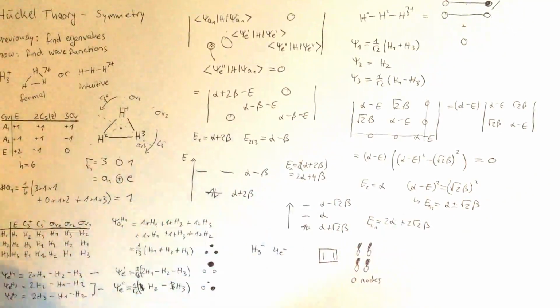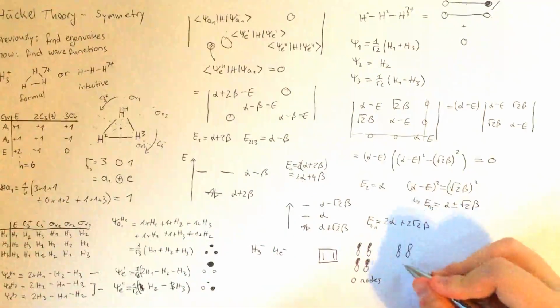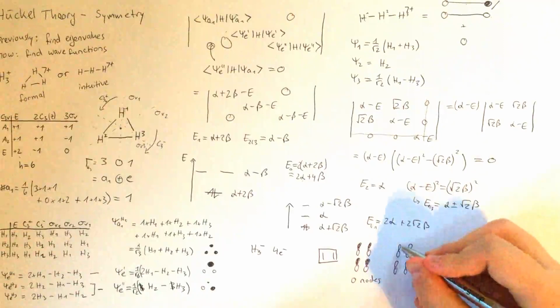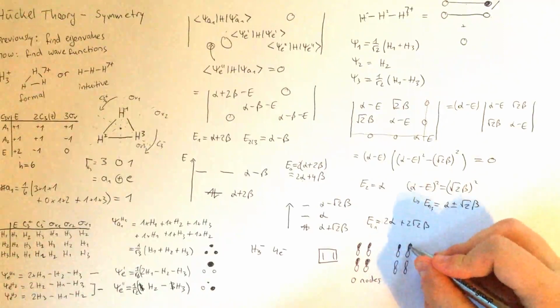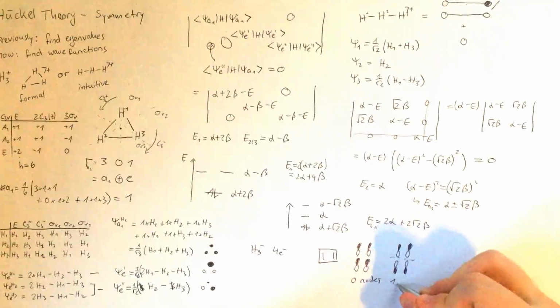Then if we think about it, how do we get one less favorable, so to say? And the obvious answer would be to say, what if we have 1 node?